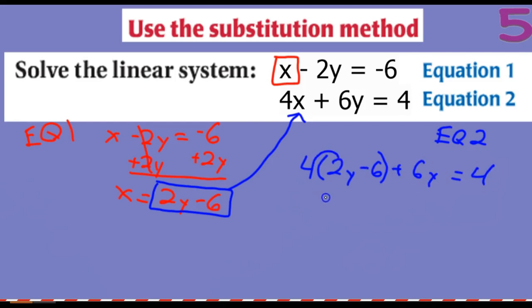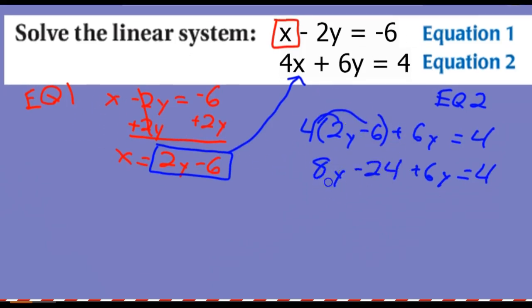4 times 2y gives us 8y. 4 times negative 6 gives us negative 24. Plus 6y equals 4. Combining these two, we get 8 plus 6.